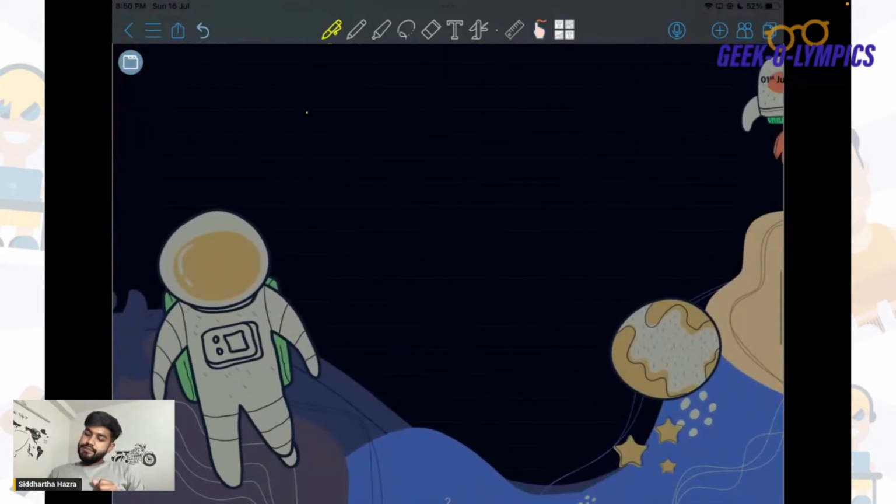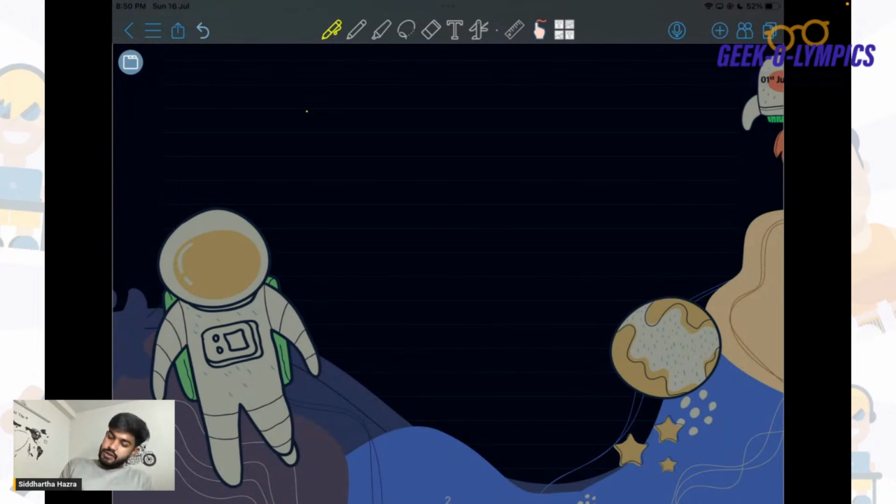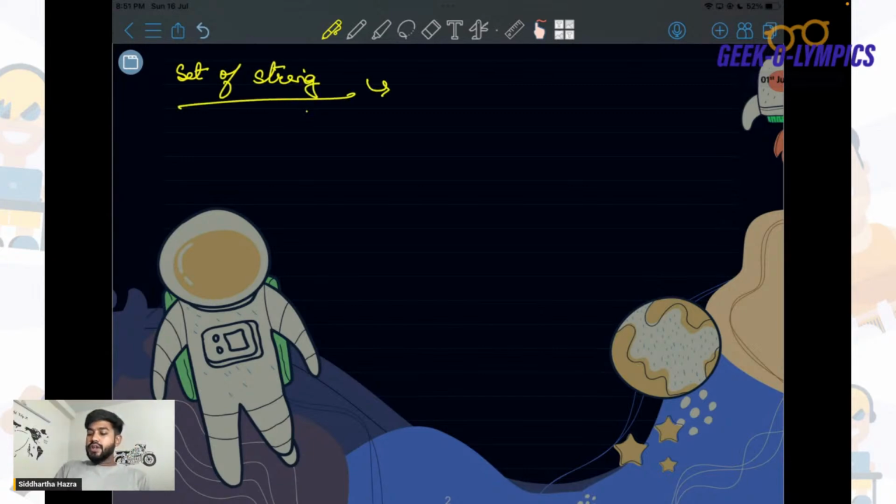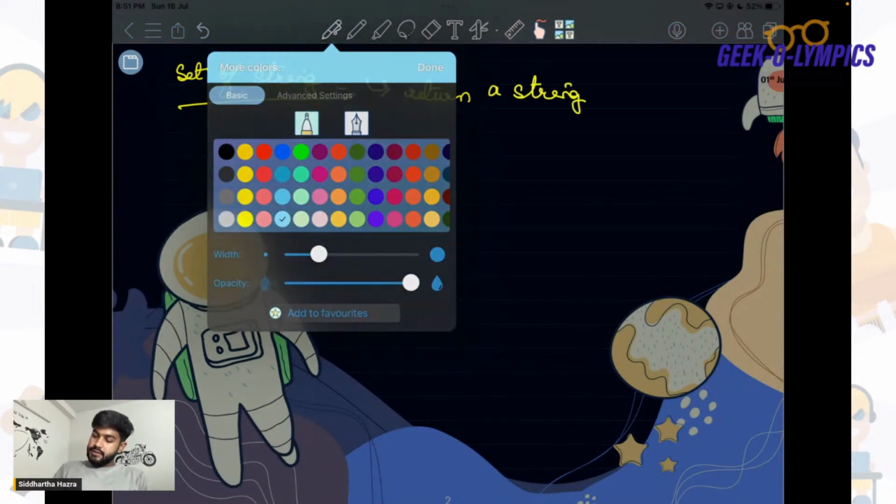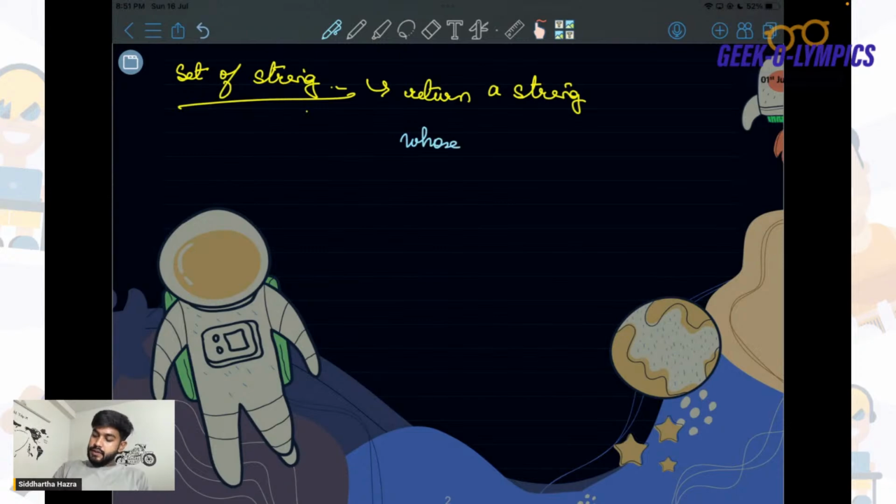Now here in this question, you are given a set of strings. You need to return the string which has all of its prefixes present in the array. Like, return a string whose every prefix is present.